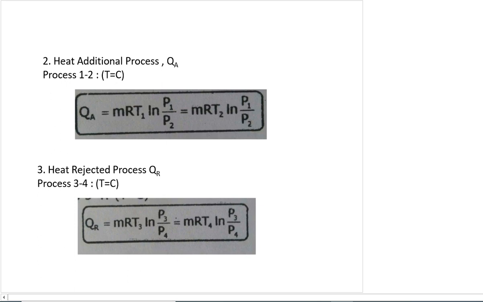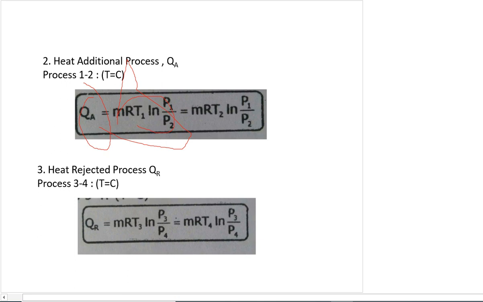If you still remember the heat addition formula in thermodynamic processes, this is the formula: QA is equivalent to MRT. For heat rejection, it is the same, but the values differ.